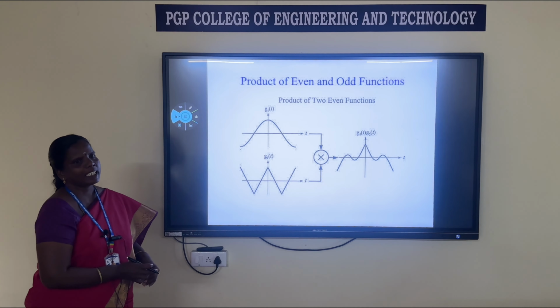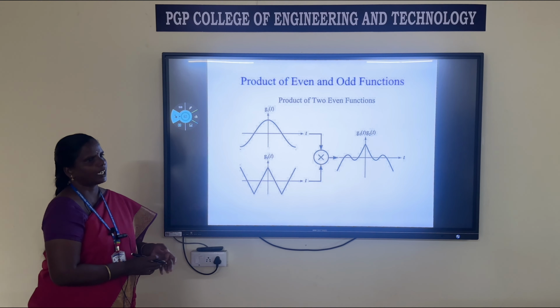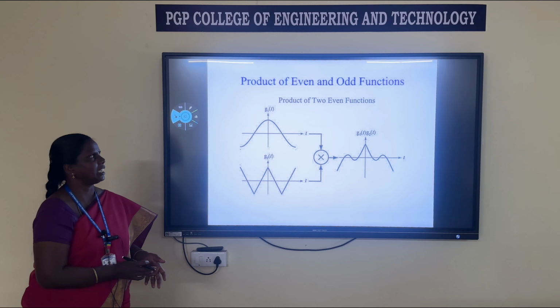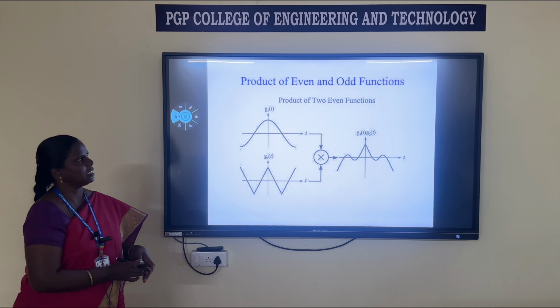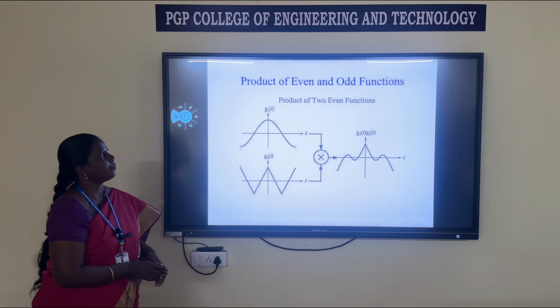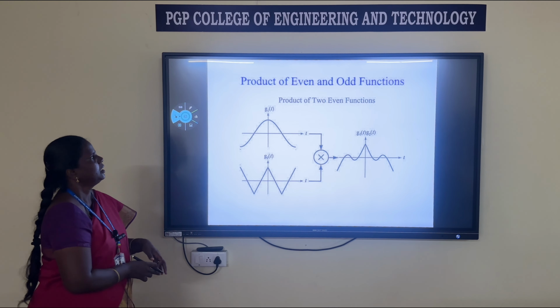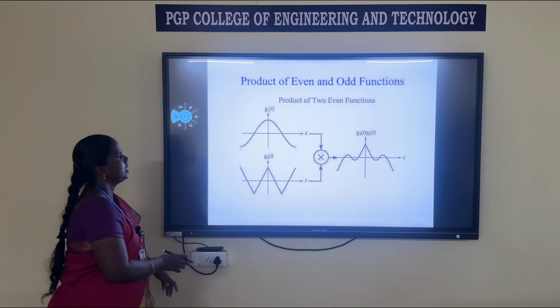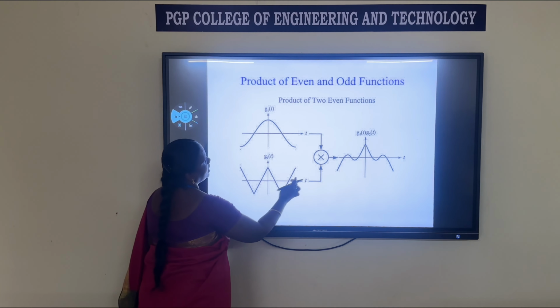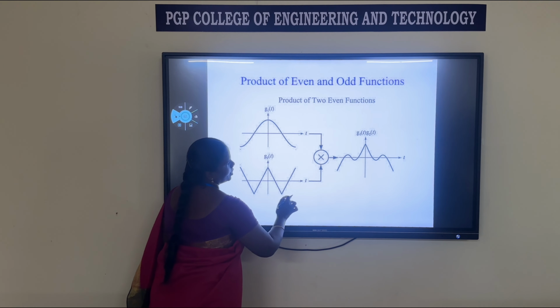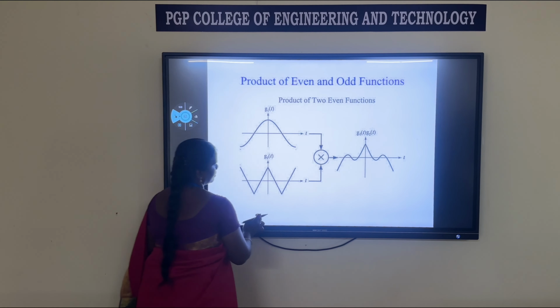We can take the product, sum, difference, derivative or integral of even and odd signals. Generally, consider the product of two even signals. If we multiply two even signals, we get an even signal. So this is the even signal.